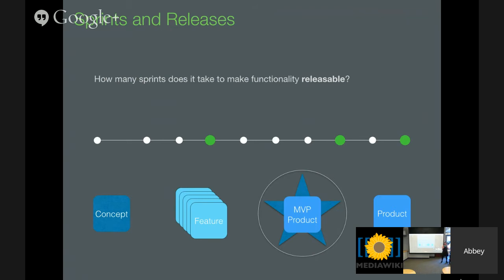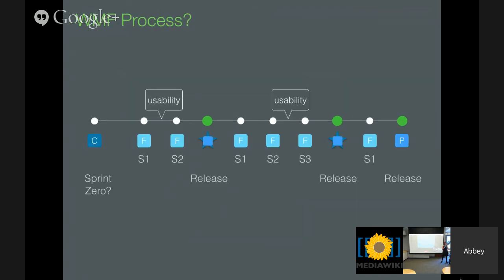So I have only been here for 5 months, so I'm doing my best stab at what happens here. And there's a question mark here, because you all can correct me if I'm wrong and tell me if this is my assumption, or this is kind of what I've seen. So there's a concept, and then we add some features, and the designers, cheers to the designers, because they've already been doing usability testing before there was a design researcher here.